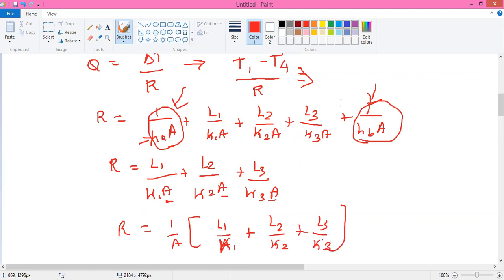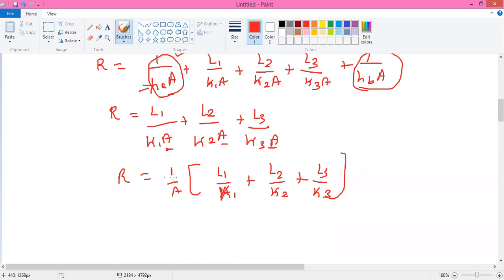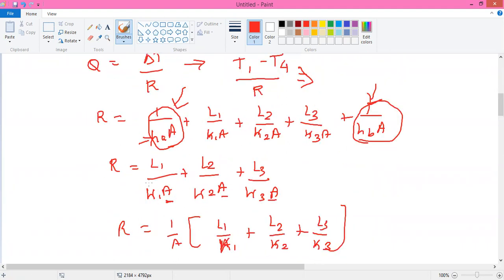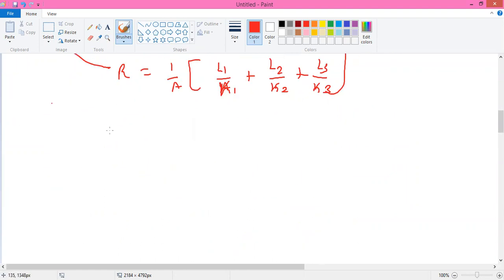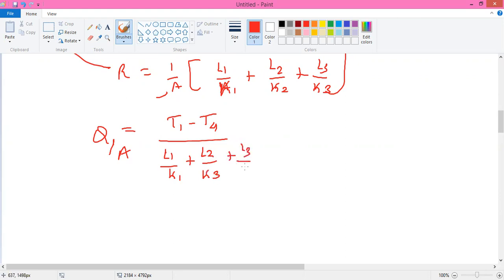Now put this R value in the Q equation. Thus we get the heat transfer Q by A, per unit area, equal to delta T, named as T1 minus T4, divided by L1 by K1 plus L2 by K2 plus L3 by K3. Okay, so we know the values of T1 and T4, L1, L2, L3 and K1, K2, K3.